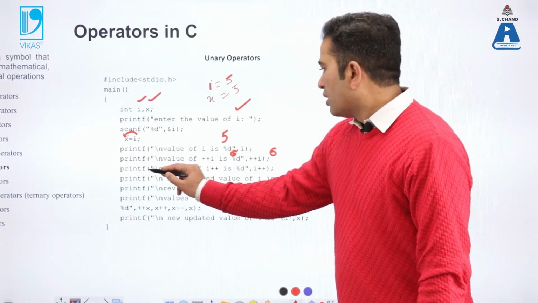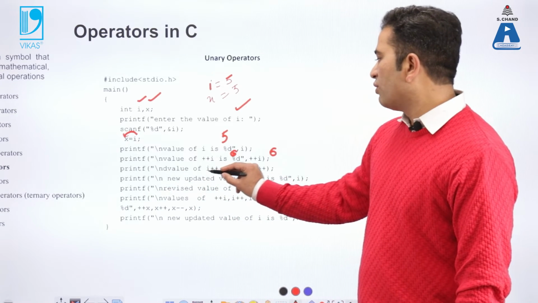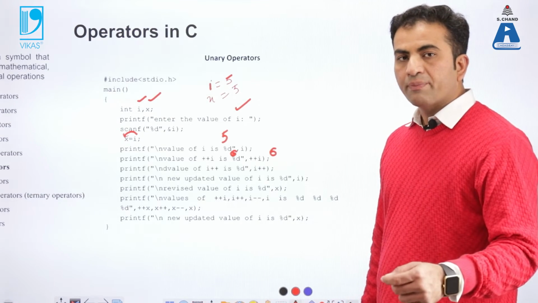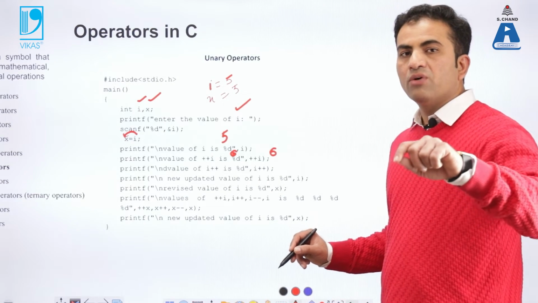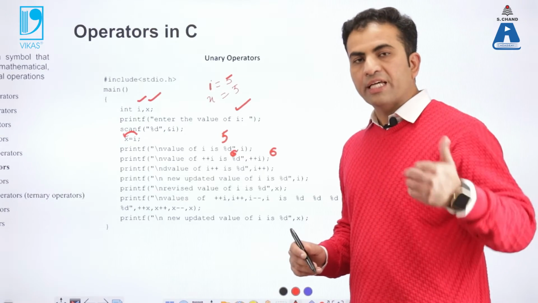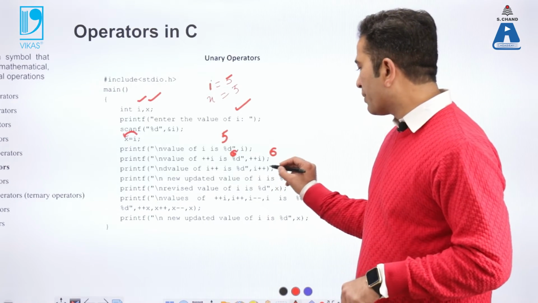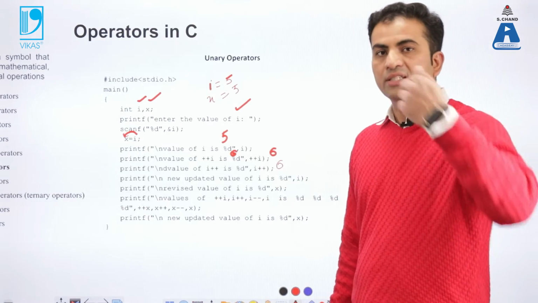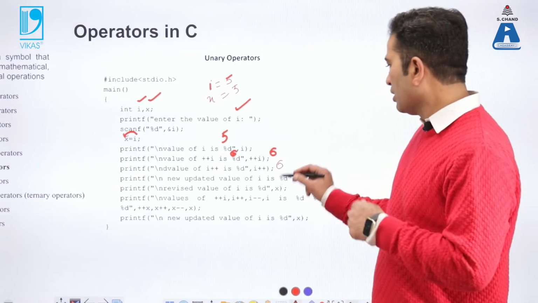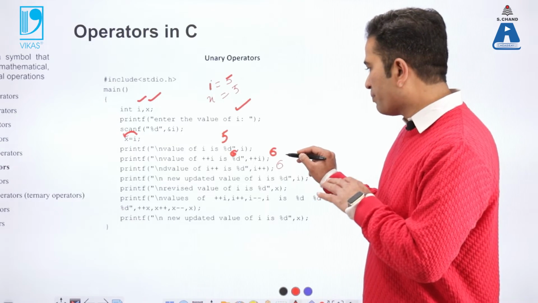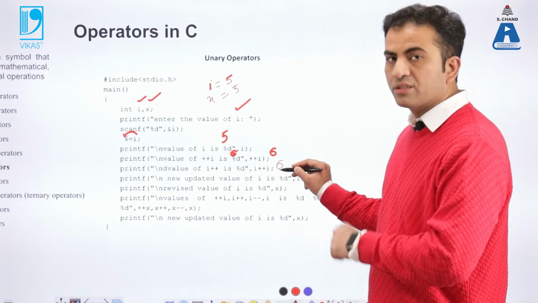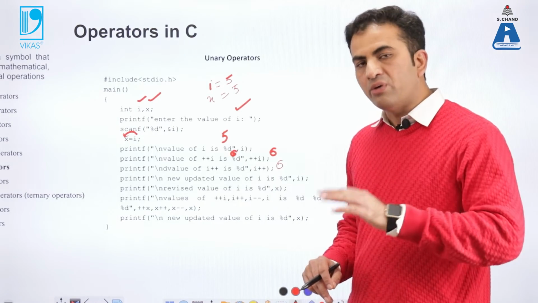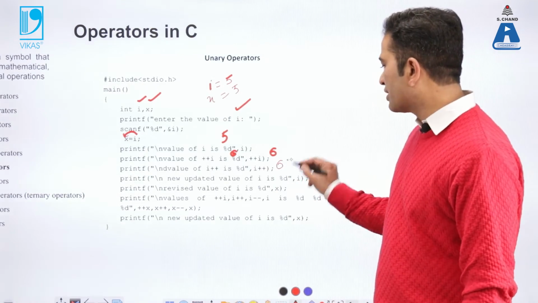Now in the third statement, value of i++ is %d, i++. Here what happens? The last updated value of i first remains the same and then it will increase. So i++ is 6. It is not increased because it first assigns the value. i++ is post-increment, and the rule says it will not increase the value first, it will assign the value and print that value, and after that it will increase.